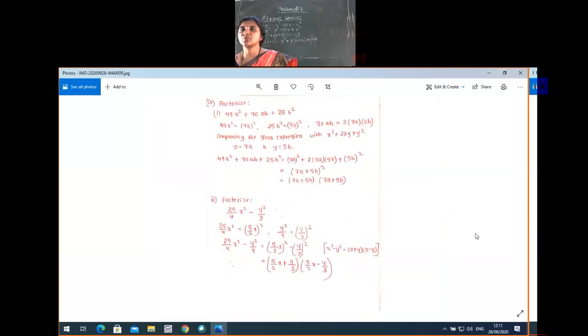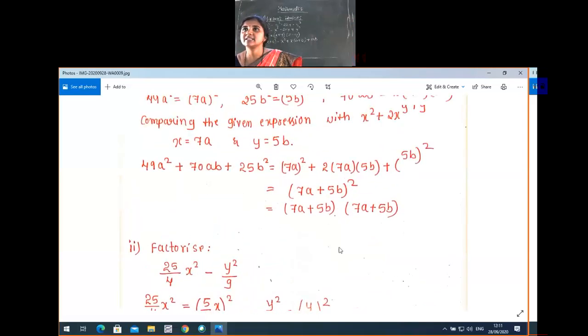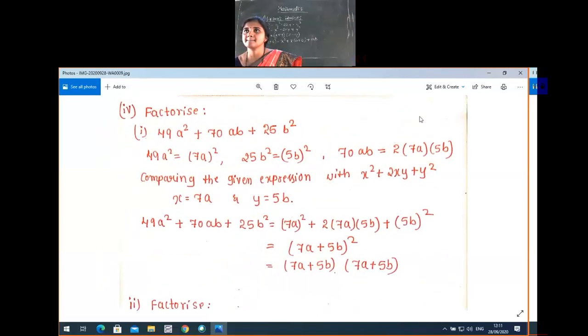In the next page, we have one type of question, factorize. Here the question is factorize. We'll see the first question in the beginning. Is it visible? Yes, the page is visible. So what we have to factorize in the algebraic identity part?